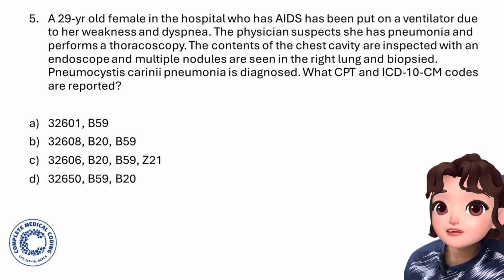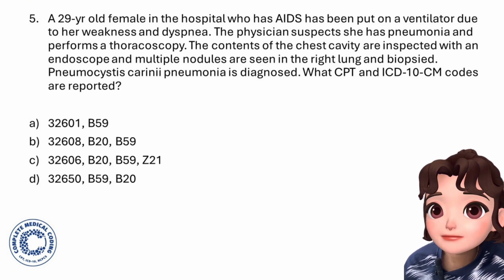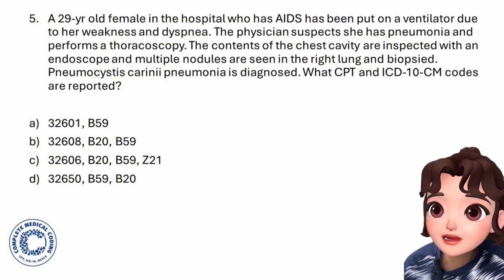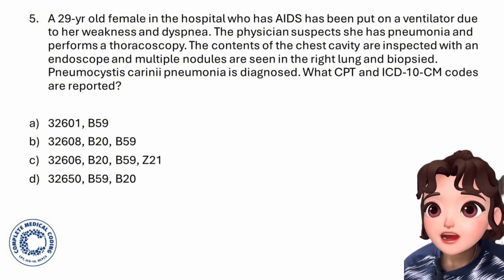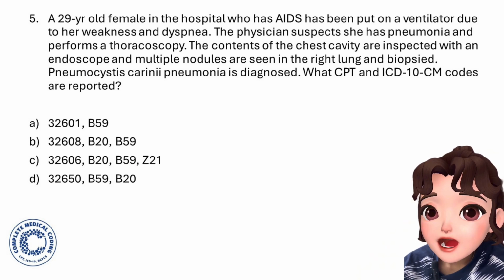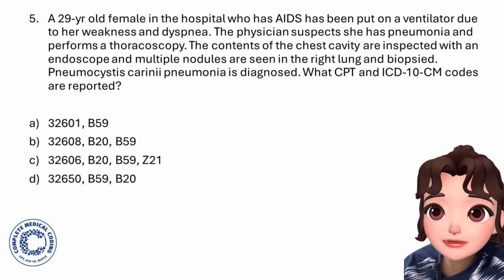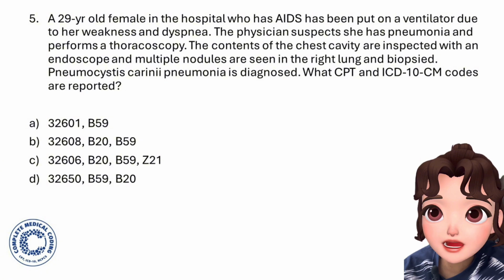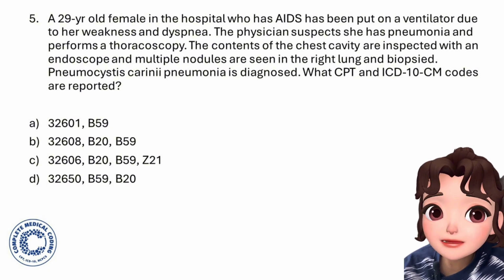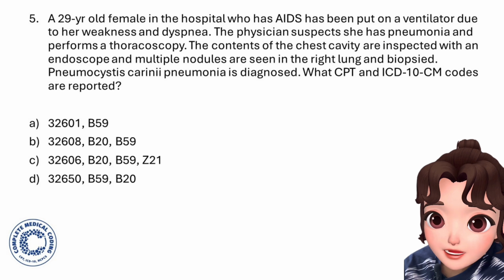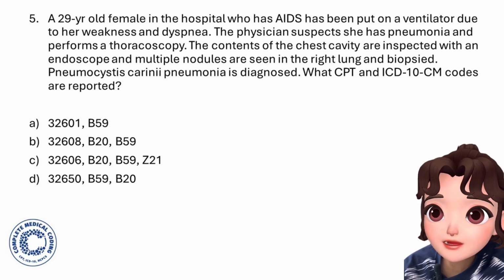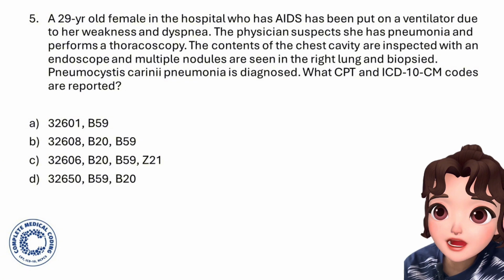Okay, so let's go to option B. Diagnosis B20 is for HIV. What is B59? If you take the B59 option, that means pneumocystosis, which was the confirmed diagnosis. So B20 and B59 we have to code. But both the ICDs are there in options B and D, so we have to check the CPT.